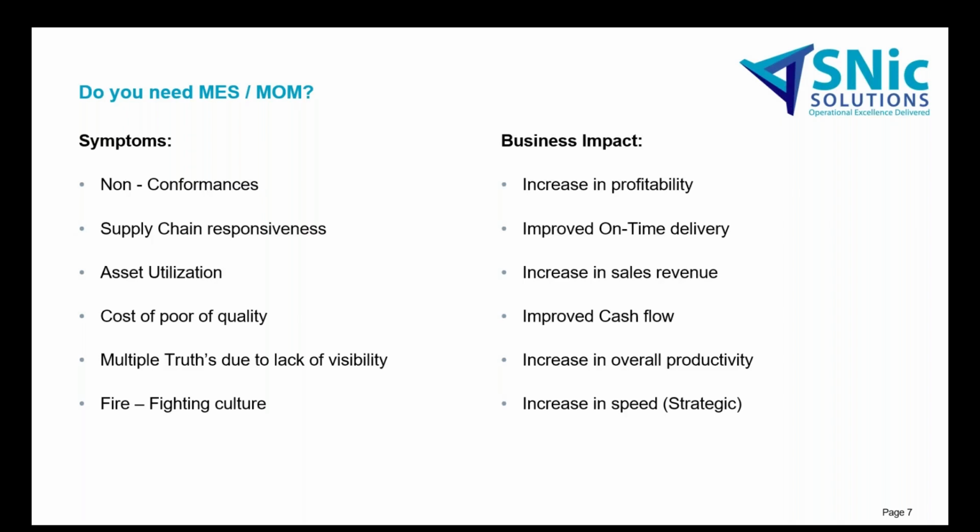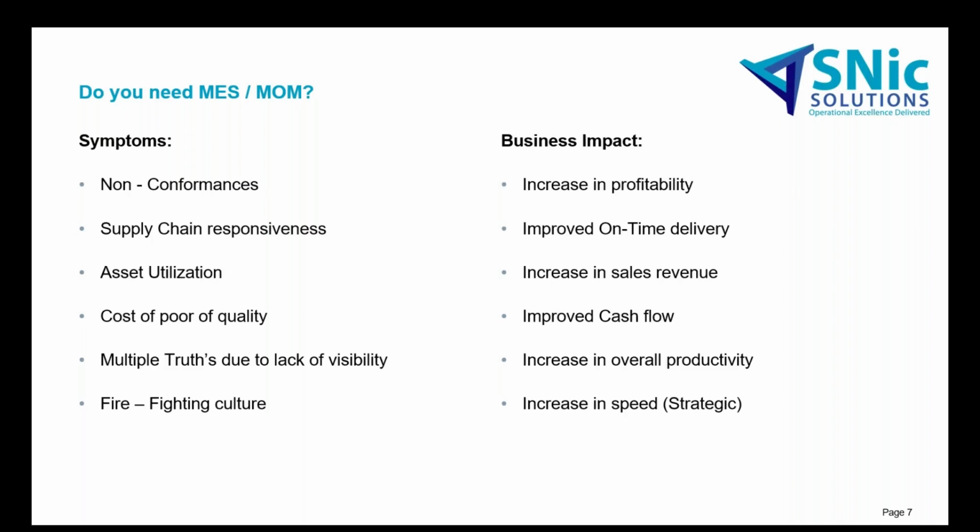And finally, one of the biggest symptoms, which is a no-brainer for an MES or a MOM, is firefighting culture. If you are reacting to what is happening on the shop floor, then chances are that you are slow and way less responsive. And this is where the direct business impact MES and MOM can provide is an increase in speed, which is very strategic in nature.